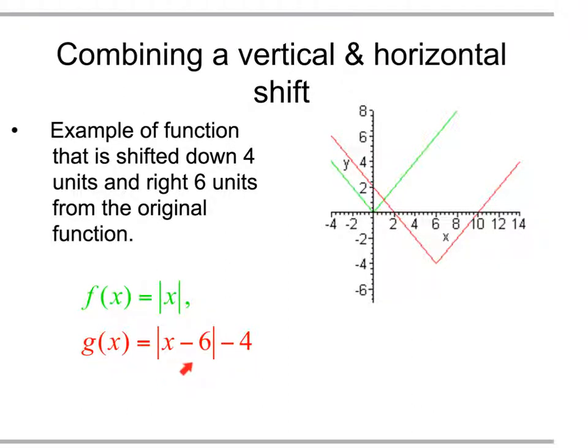Inside parentheses or inside the absolute value, this is our horizontal shift, left and right. Because this is minus 6, our brains automatically go, oh, it's going 6 to the left, but that's not so. It's going to go in the opposite direction, so that is 6 to the right. Outside parentheses or outside the absolute value, this is our vertical shift, and it'll go up or down. In this case, it's minus 4, so it went down.